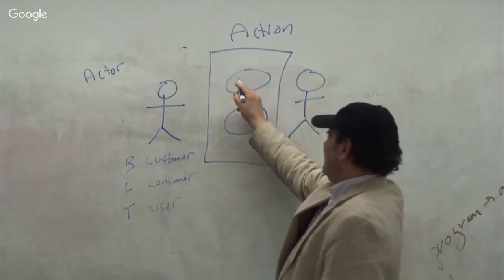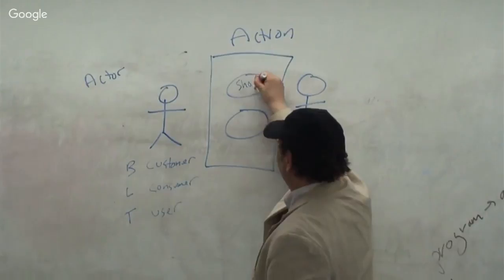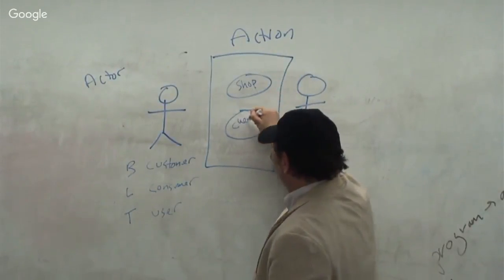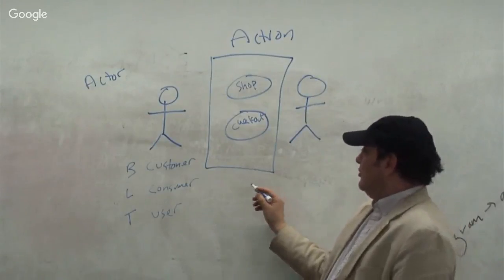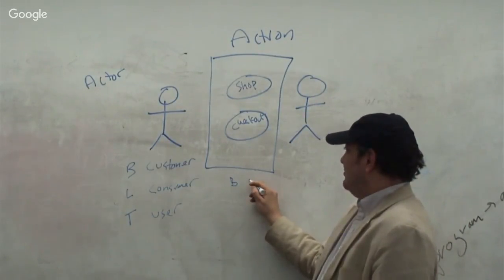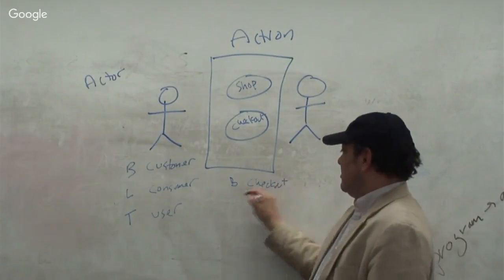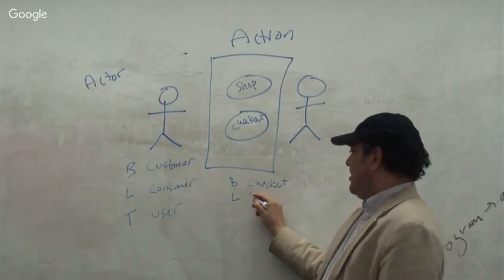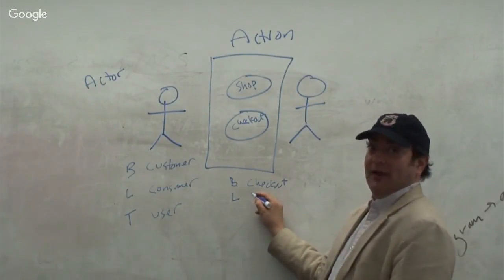The use case might be, I'm really simplifying this, shop and checkout. So the business action would be checkout. The legal might be purchase of goods, which actually triggers a difference in rights and obligations between the parties.